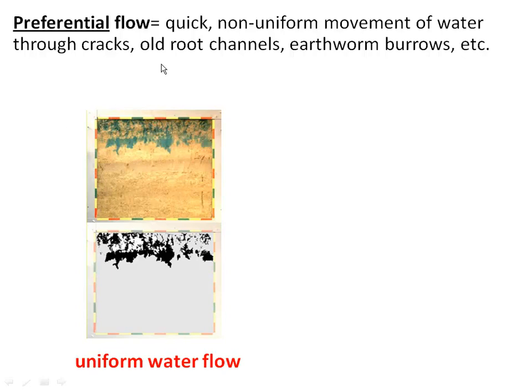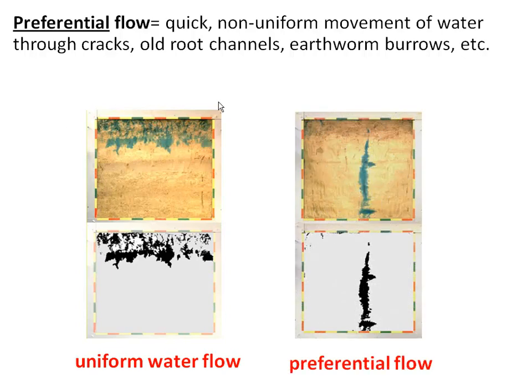In preferential flow, where we have earthworm burrows, much of the water flows straight through that burrow. Because it's large, it has far less resistance, and the water's just going to naturally take that path of least resistance. That's what we call preferential flow.